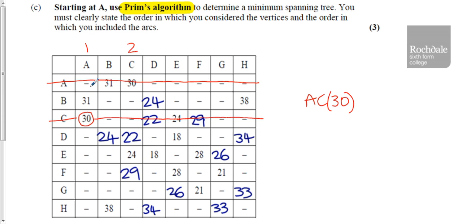So here my choices are 31 or 22, 24, 29. Need to select the smallest of those, which is 22. So this represents the edge DC or CD. It doesn't matter whether you write DC or CD. So that length is 22. This brings the vertex D into our tree.